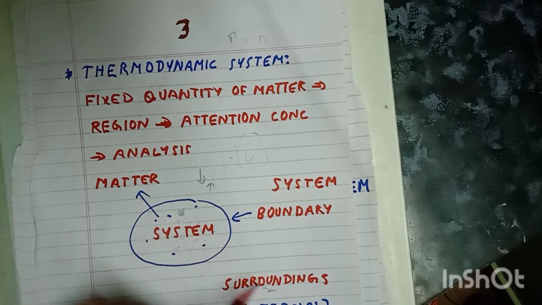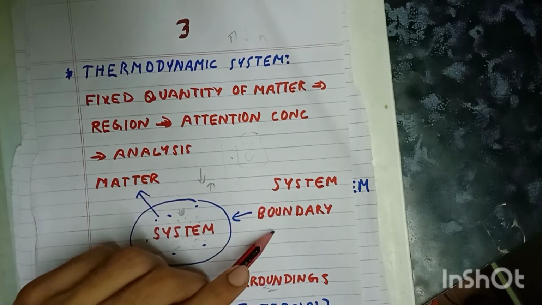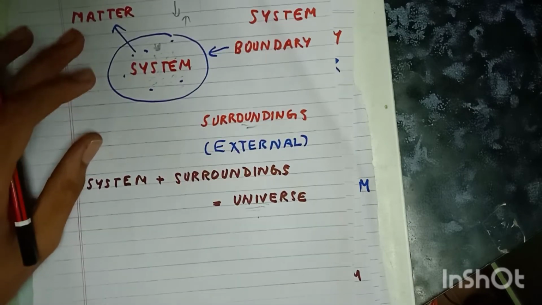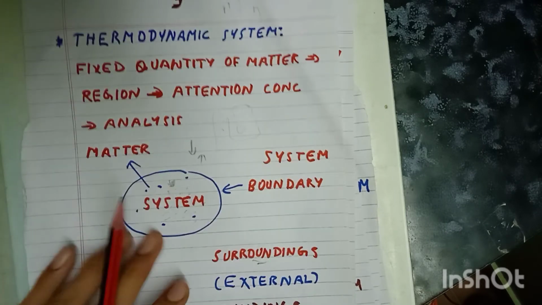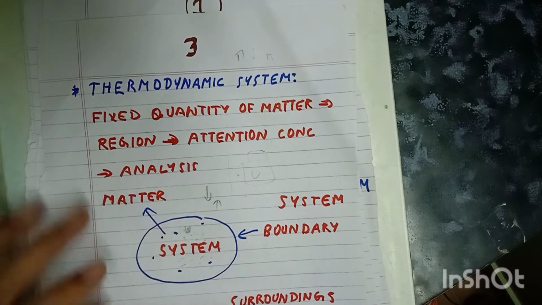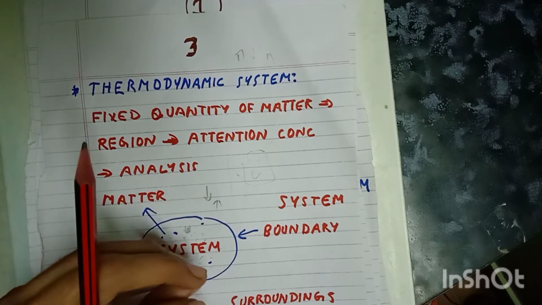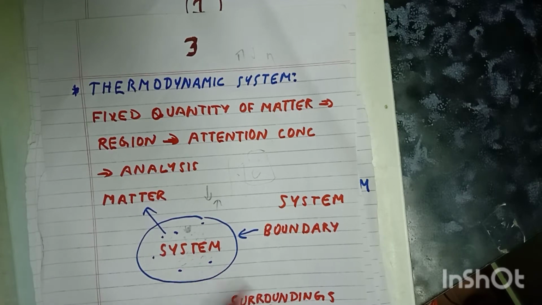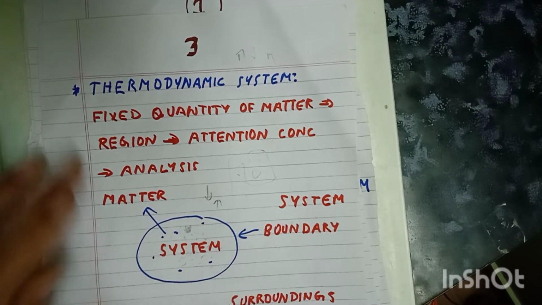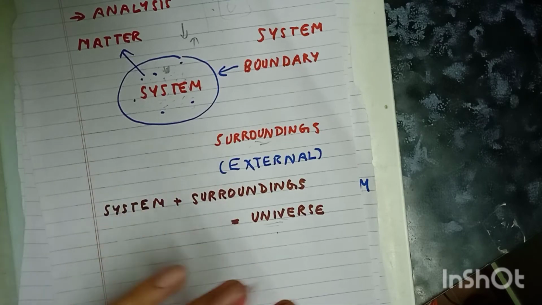The system and surroundings are separated by the system boundary, and the system plus surroundings we call the universe. So a fixed quantity of matter is where the focus is, and outside that are the surroundings, both separated by the system boundary.